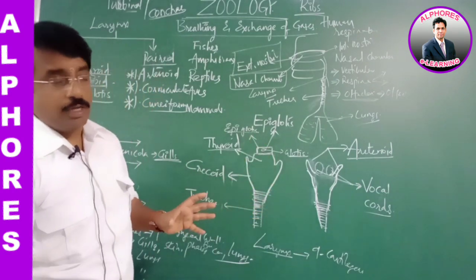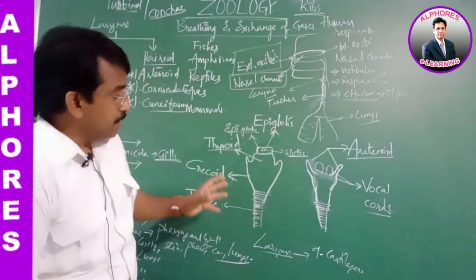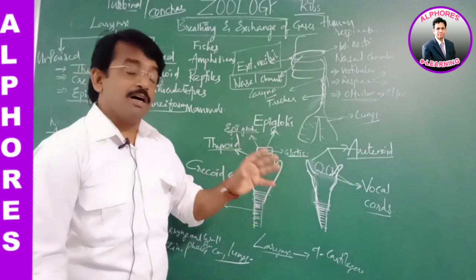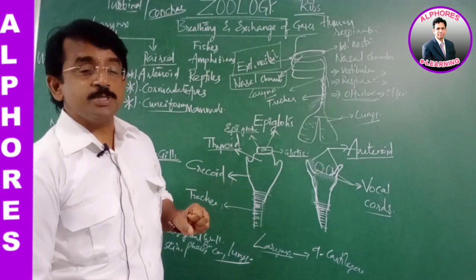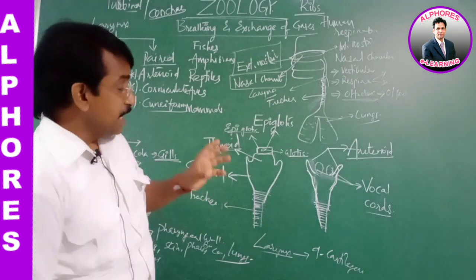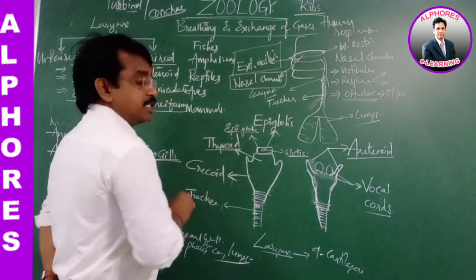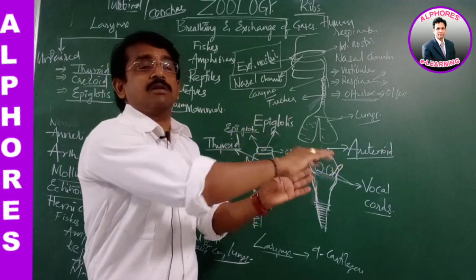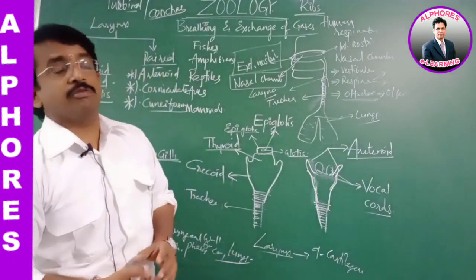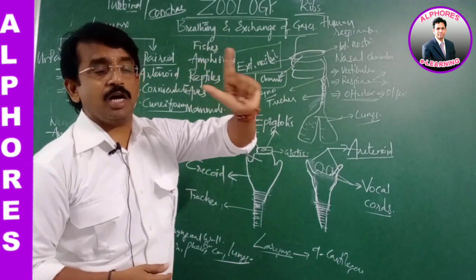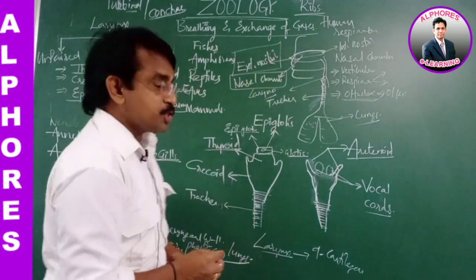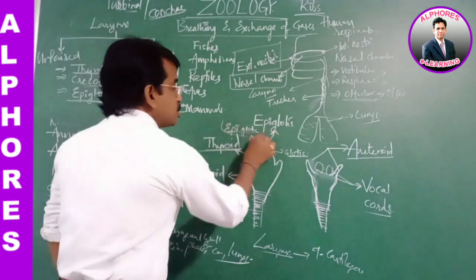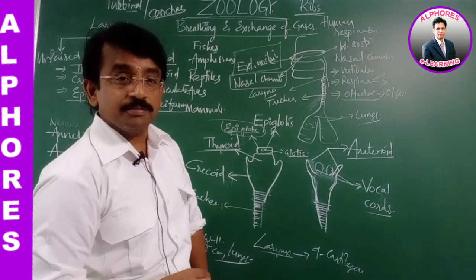Here in the respiratory system, we also find epithelium, cartilage, and muscles. The cartilaginous plates include both hyaline cartilage and elastic cartilage. Recall that cartilage is of fibrous, hyaline, and elastic types. The thyroid cartilage is made of hyaline cartilage, and the epiglottis is elastic cartilage.